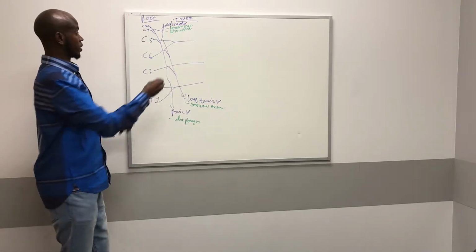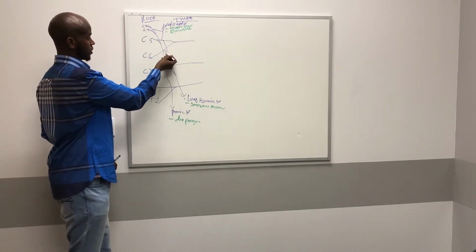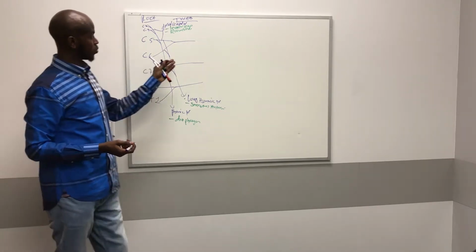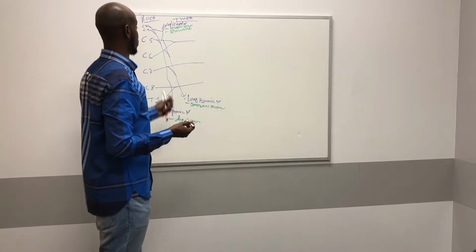As you can see, it contains C5, C6, and C7. So now let us move on to the trunk, the superior trunk.